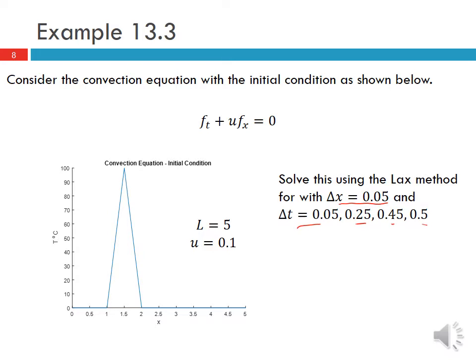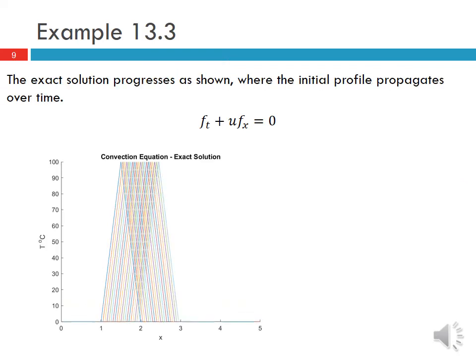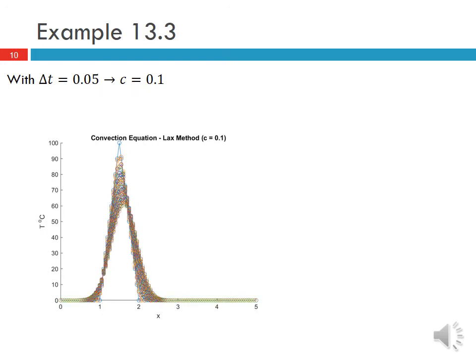So essentially, we're going to be using different values of c, our convection number. The exact solution progresses as shown here, where the initial profile propagates over time.